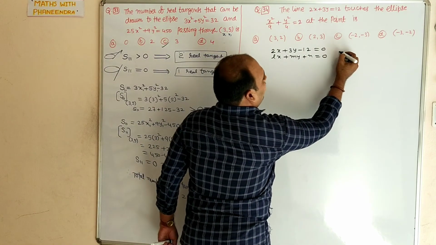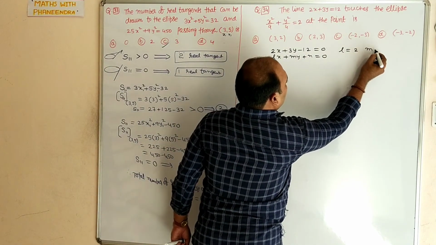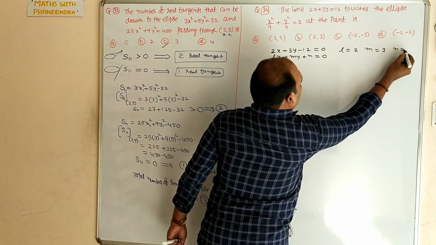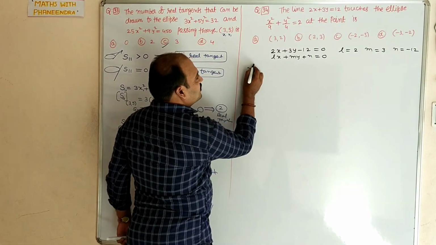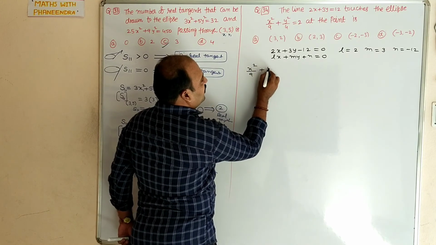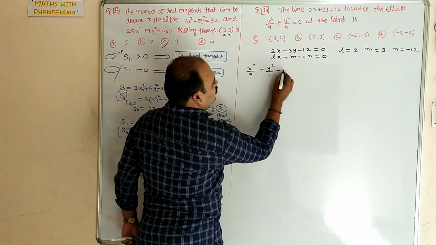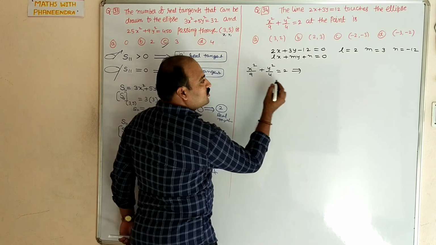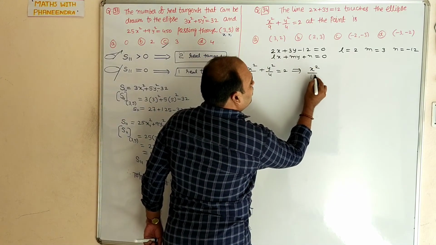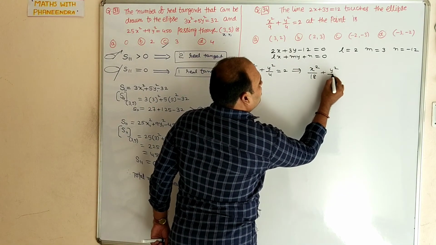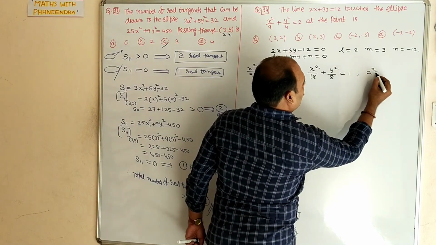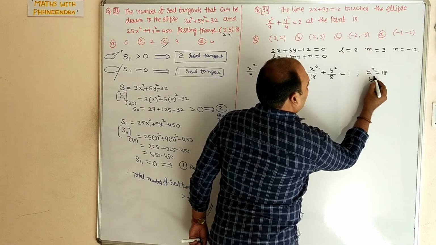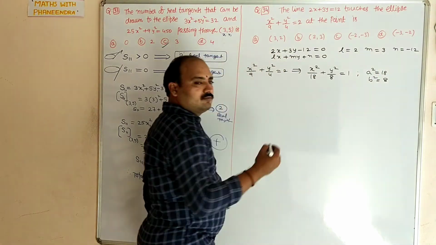So here l is equal to 2, m is equal to 3 and n is equal to minus 12. The given ellipse is x squared by 9 plus y squared by 4 equal to 2. Dividing by 2, it becomes x squared by 18 plus y squared by 8 equal to 1. Here a squared equals 18 and b squared equals 8.